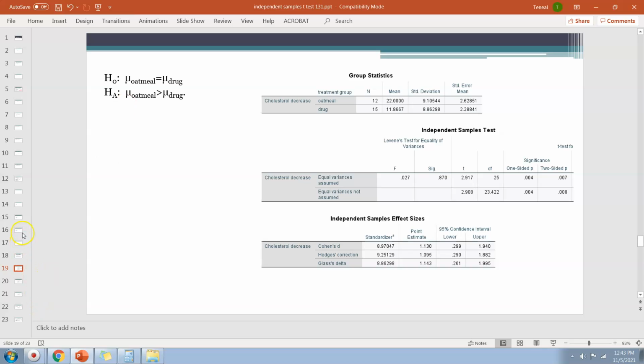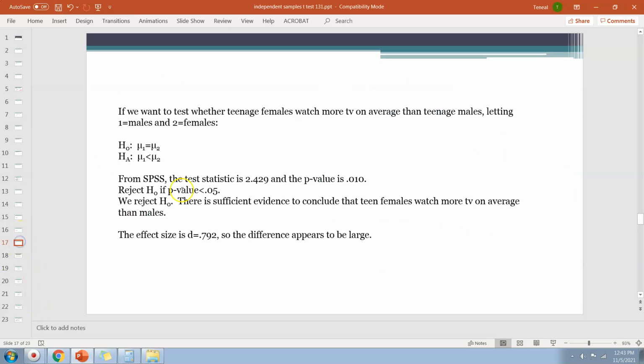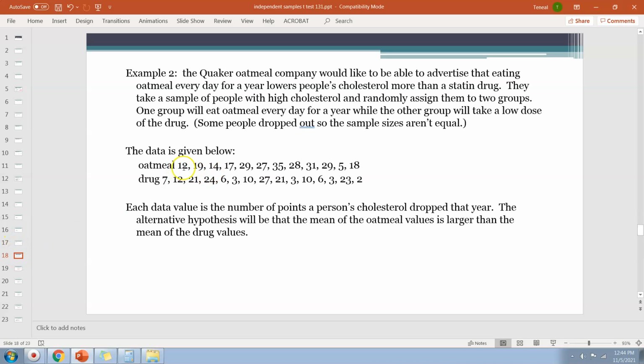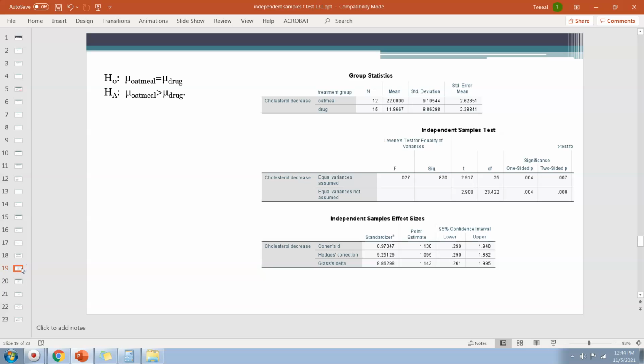But these numbers represent the dropping. So bigger numbers here would represent better results. So here we want to know if oatmeal has better results than the drug. So this one's going to be one-tailed.